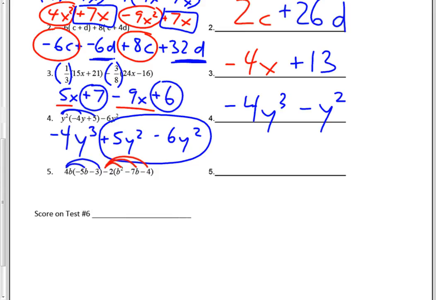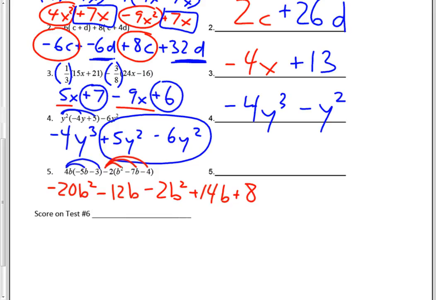If I do those multiplications, I get a b squared out of it. B times b. I've got a -2 there. -2 times each of those results in this.